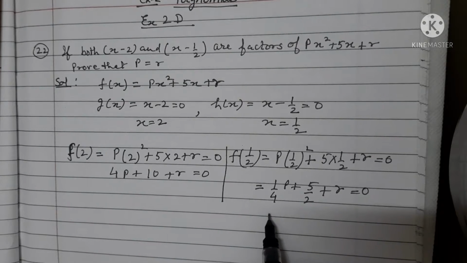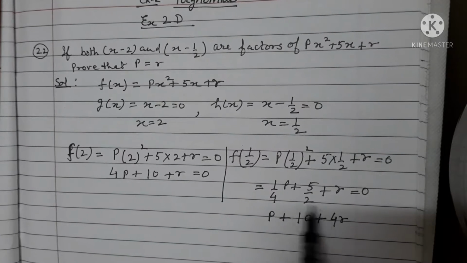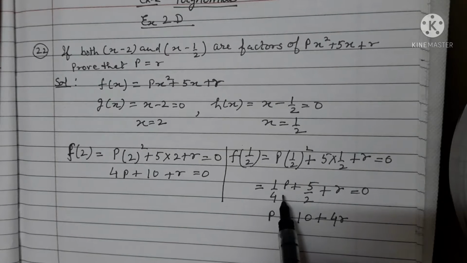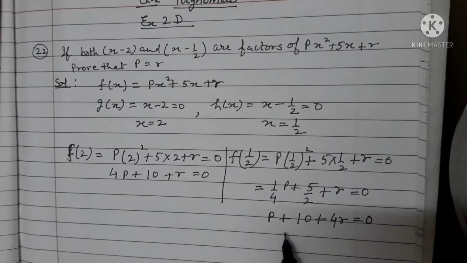Now take the LCM. This becomes p plus 10 plus 4r, as we multiplied the equation by 4. The 4 cancels, 4 twos are 4... 2 fives are 10, and 4r is equal to 0.